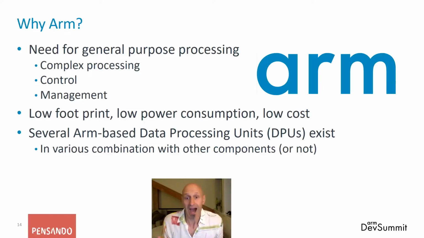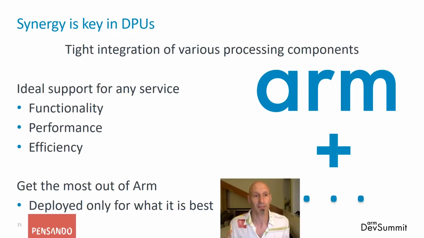For example, ARM. And why ARM in particular? Because ARM offers a low footprint, low power consumption, and low cost. So it is really good for this kind of device. In fact, many of the data processing units, DPUs, that you find on the market today contain ARM cores in different shapes and in different combinations with other components, or possibly without other components.